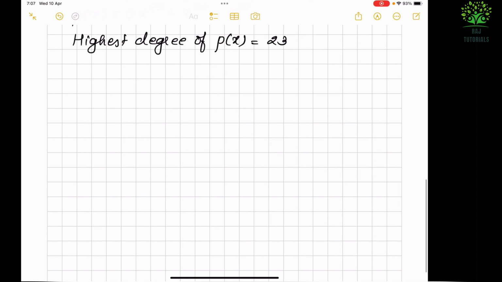Now polynomials are classified into different forms. So let us discuss that. I can divide them into three main groups, that is, linear polynomial.